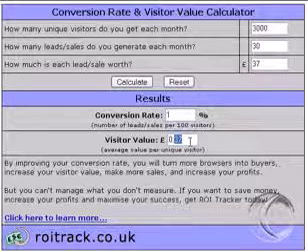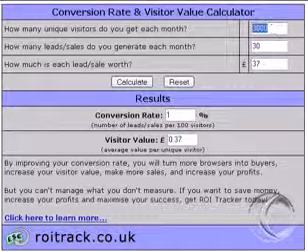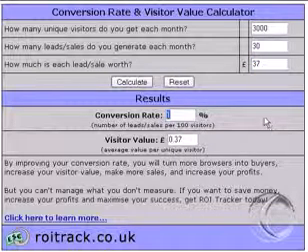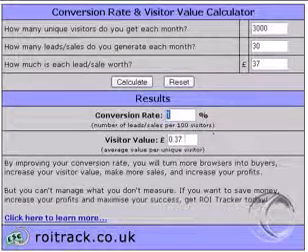So that answers the question of how much should I be paying per click, or for SEO, or for banner ads. It all depends on how many visitors you're getting, what your conversion rate is, and what the price of your product is. And that will show you exactly how much you can afford to pay per visitor and break even, so you want to pay less per click than this number.